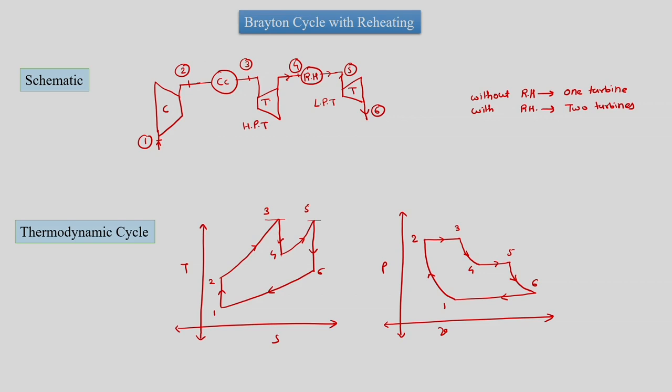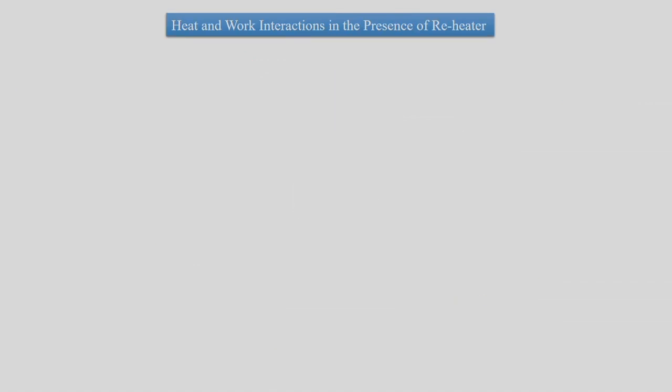And the reheater also does constant pressure heat addition. So this is one thing. Second, the reheater adds heat at constant pressure, or an isobaric process, and in general T3 is equal to T5. So, let us see work and heat interactions in the Brayton cycle with reheater.